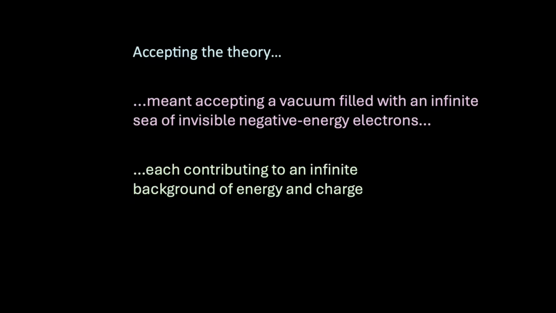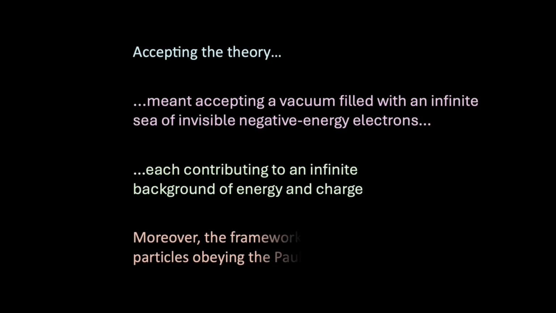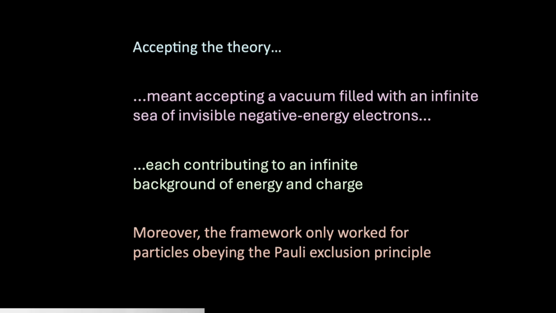Even after these infinities were renormalized away, many physicists still found the idea unsettling, particularly when it came to modelling interactions in a clear and consistent way. Moreover, the framework only worked for particles obeying the Pauli exclusion principle, limiting its applicability to fermions like the electron.